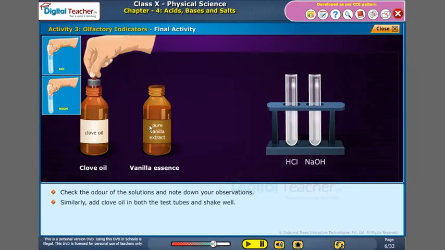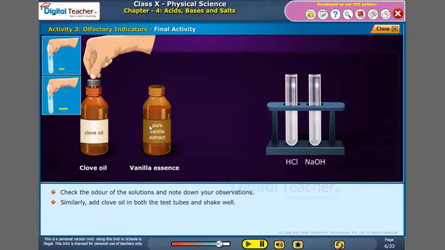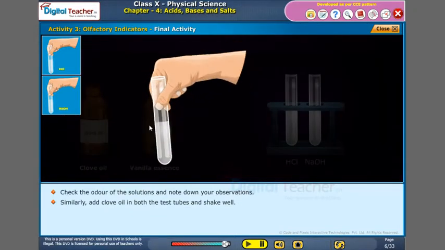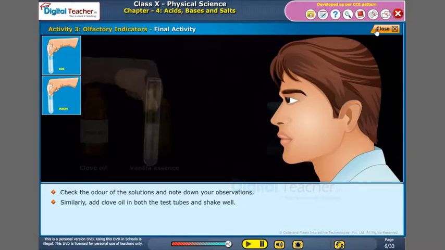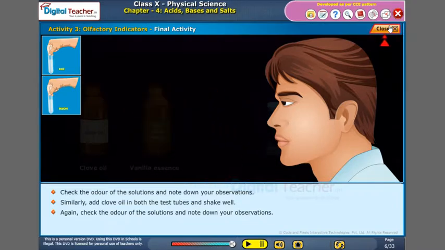Similarly, add clove oil in both the test tubes and shake well. Again, check the odor of the solutions and note down your observations.